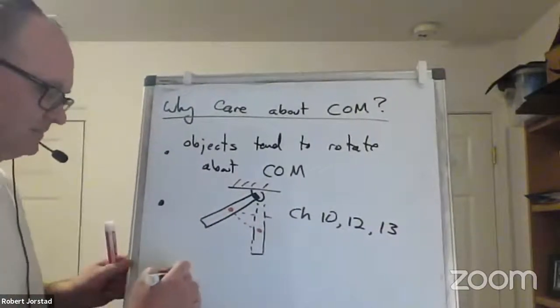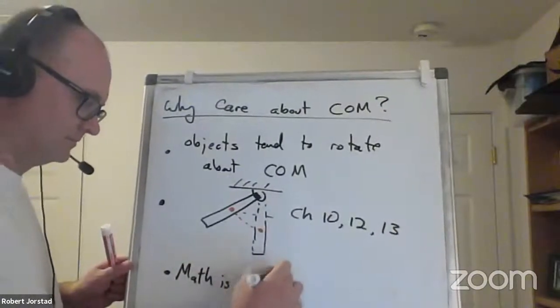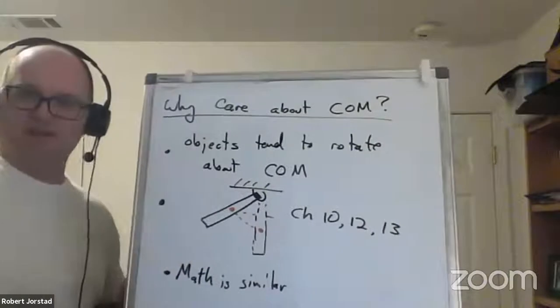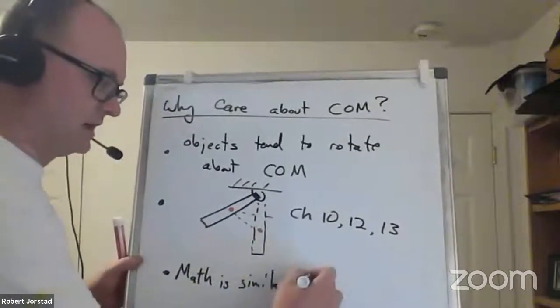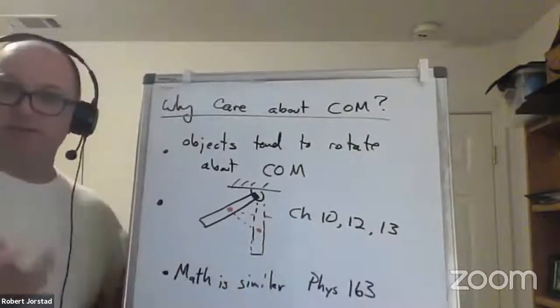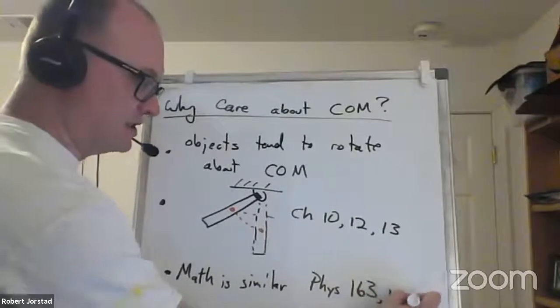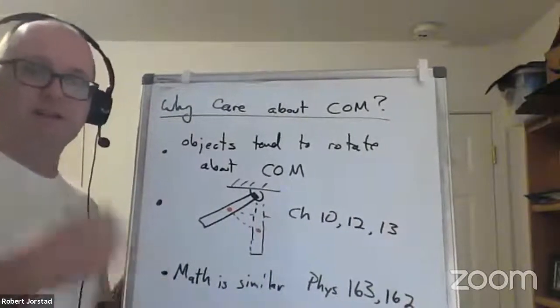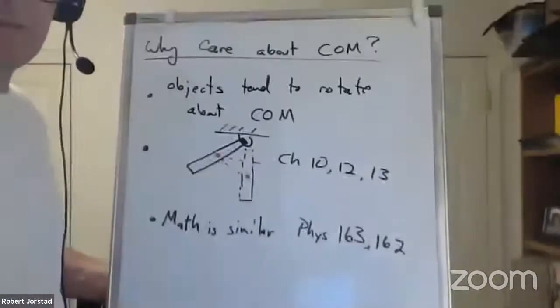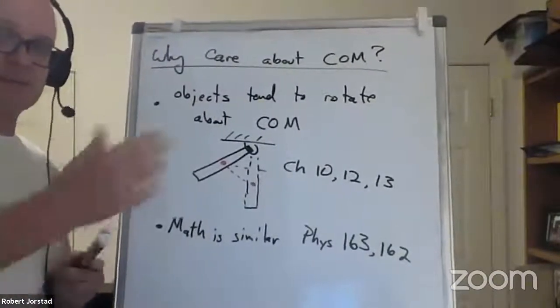And finally, the math of center of mass is similar to physics 163 when we're doing charge distributions. It's also similar to physics 162 when you're doing probability distributions. By that, I mean quantum mechanics, the probability of an electron being in different places.